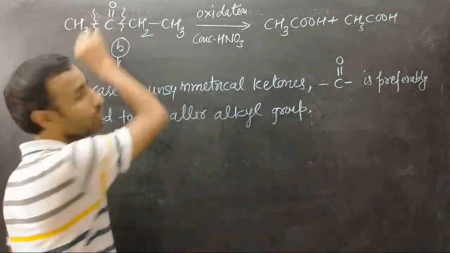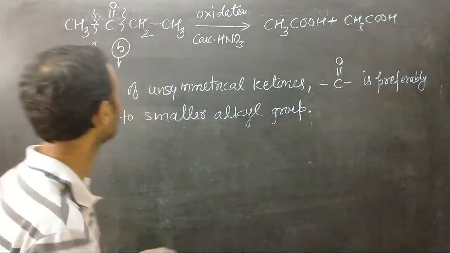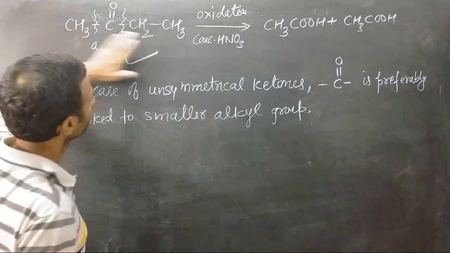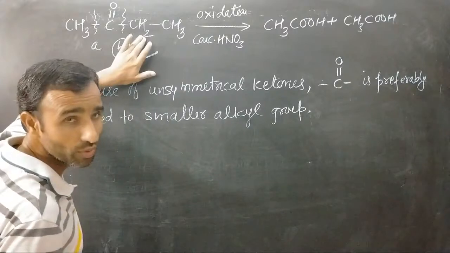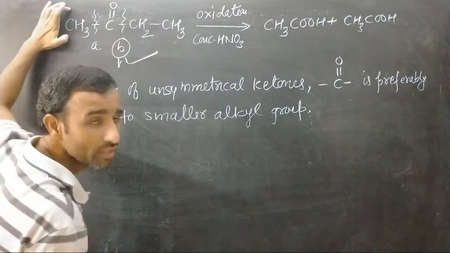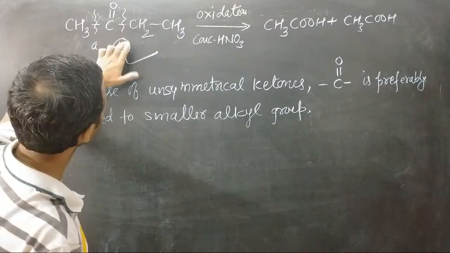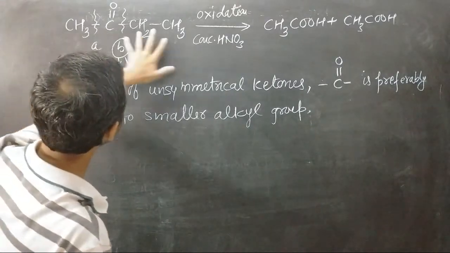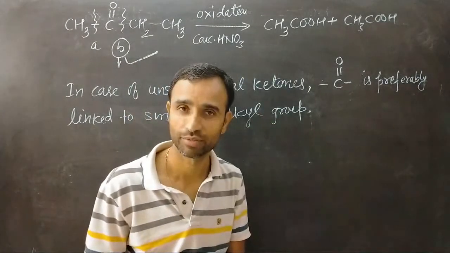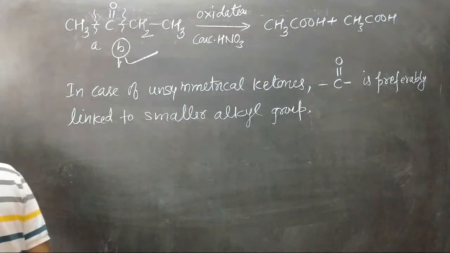CO group will go with the smaller alkyl group. Obviously breaking is from this side, because on this side there is a CH3, on the other side there is CH3CH2. So the smaller alkyl group is CH3. So CO will go with CH3. It remains linked with CH3. So breaking is from this side. So there is an acid of two carbons. So two acetic acids are formed. Smaller alkyl group. Very good, Sahil.